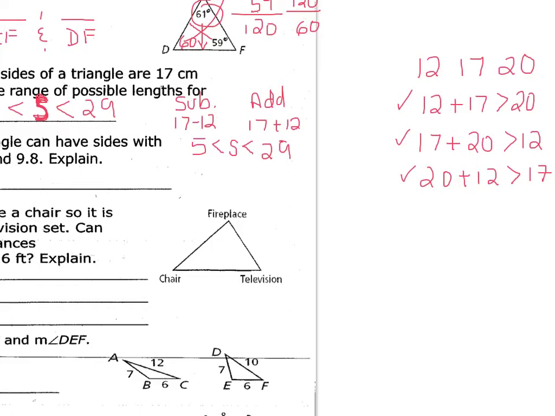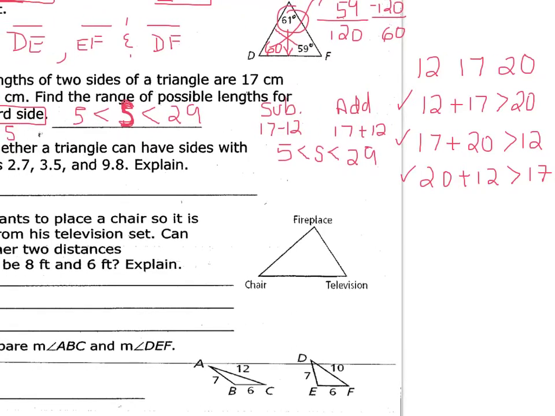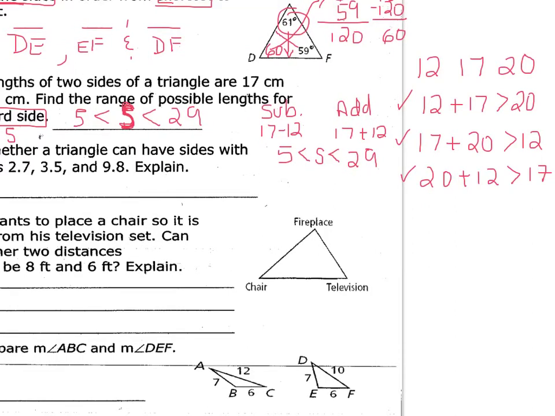What if we were to do a number smaller than that? If you look at the range, the smallest number you can use is anything greater than 5, like 6, 5.1, 5.2, 5.5, or 5.01. If you do 12 plus 6, that wouldn't be greater than 20.